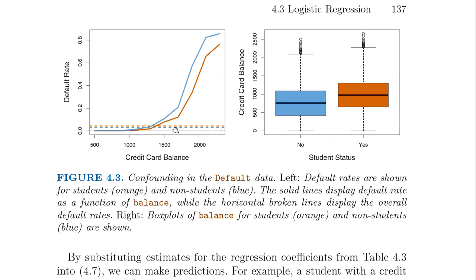So while it is true that more students did default when compared to non-students, while the orange is higher than the blue over here, it's sort of the other way around, isn't it? When you include credit card balance, the blue, which is the non-students, is actually higher than the orange.